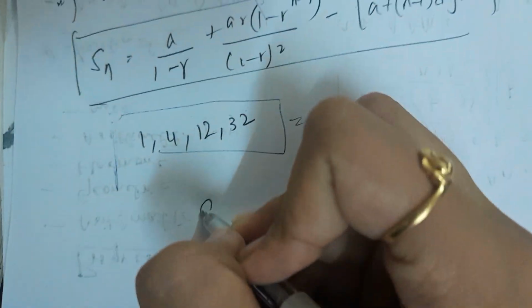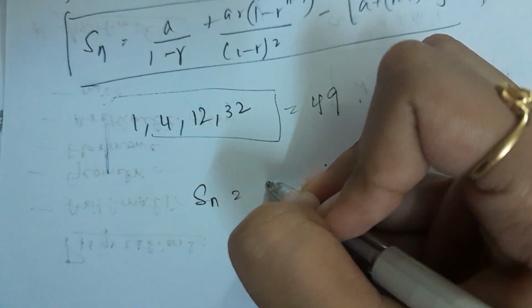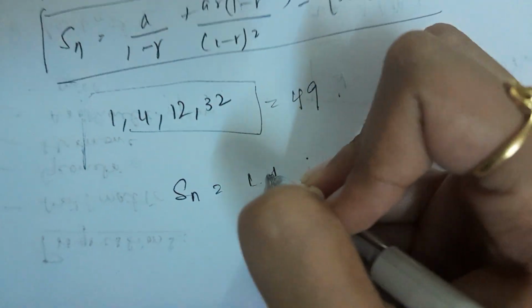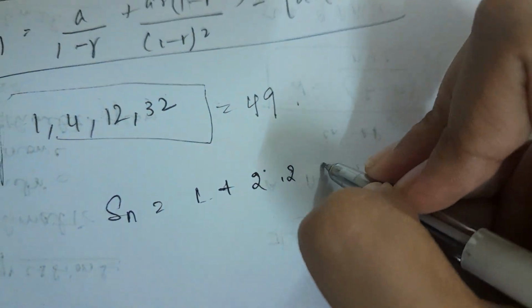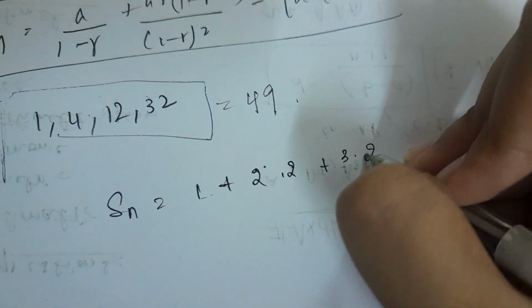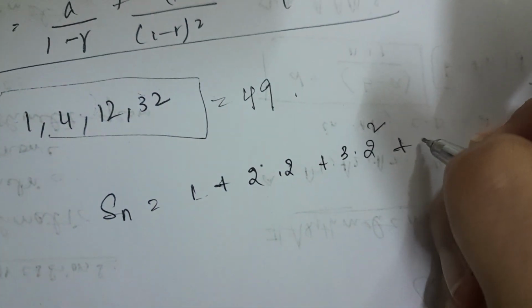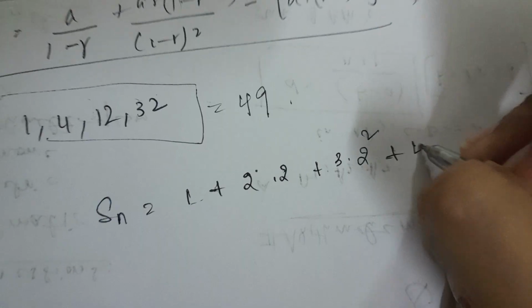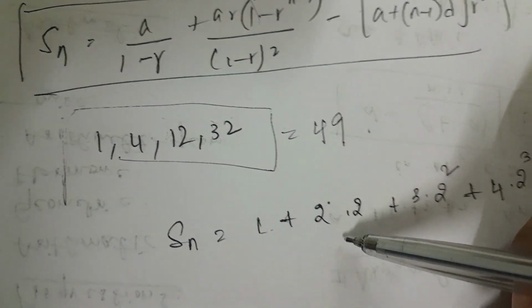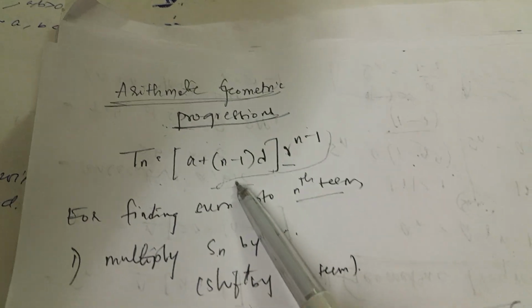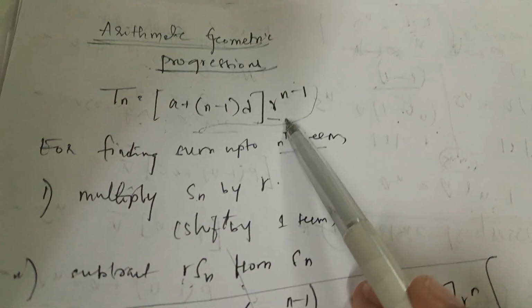So basically the sum would be 1 plus 2 times 2 squared, 2 times 2 plus 3 times 2 squared plus 4 times 2 cubed. Basically I just wrote these terms in the form of a general term of the AGP, which is the arithmetic term multiplied by the common ratio to the nth power.